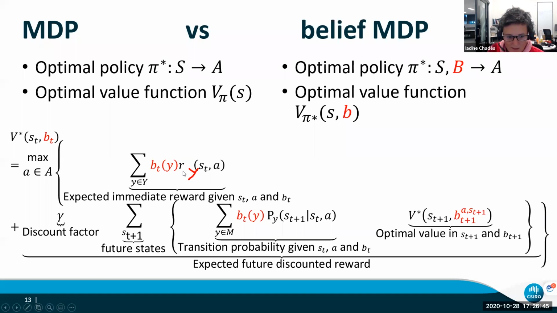And in itself, this term is easy to calculate. It becomes more complex when we have to include the optimal value at ST plus 1 and BT plus 1. And BT plus 1 is our future, where we think we will be, what we think we will know in the future. So that's the complexity of that whole equation. That's what is hard to calculate.